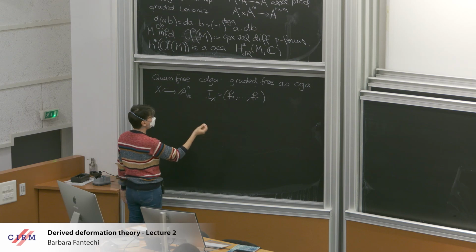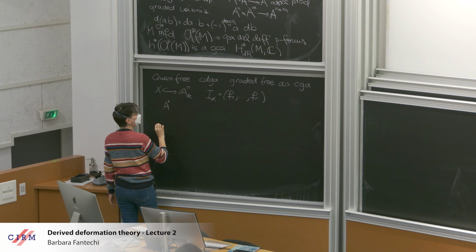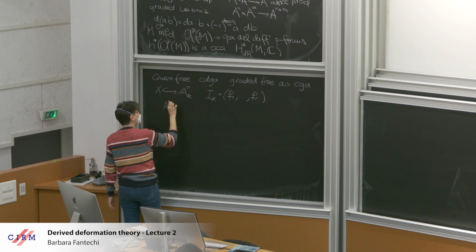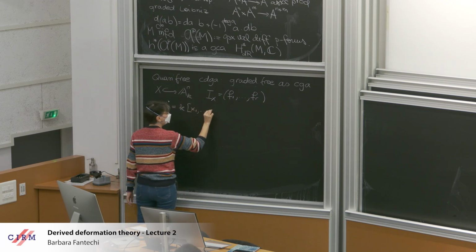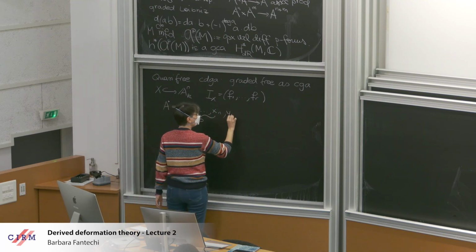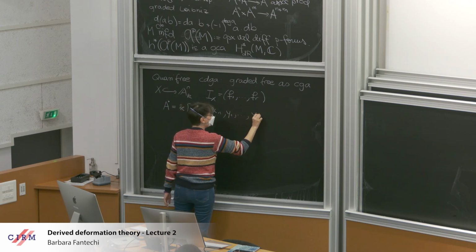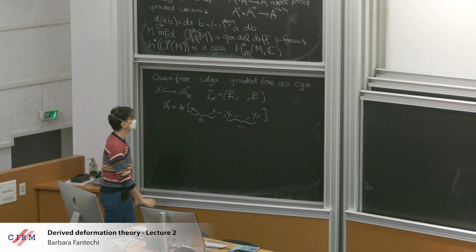And then what I can do is I can build a quasi-free algebra. First of all, I define it as K[x1, ..., xn] in degree 0, and y1, ..., yr in degree -1.